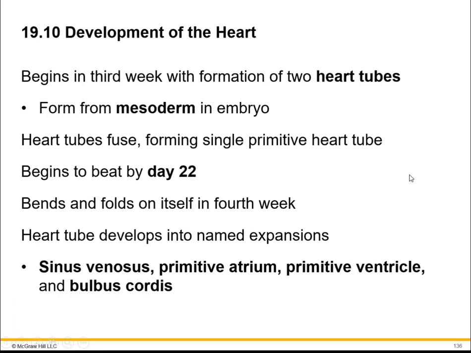All right, now let's end this lecture with an overview of the development of the heart. Development of the heart begins in the 3rd week of gestation with the formation of 2 heart tubes. These heart tubes form from the mesoderm.